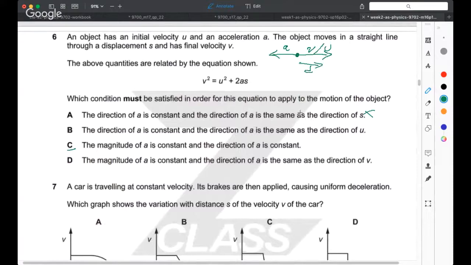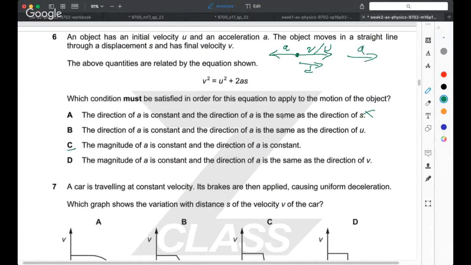So you can. This could be true, but it's not necessary. The same as this one. As I said, the acceleration could be also in this direction, and it could still be satisfied. It could be here, or in this direction.